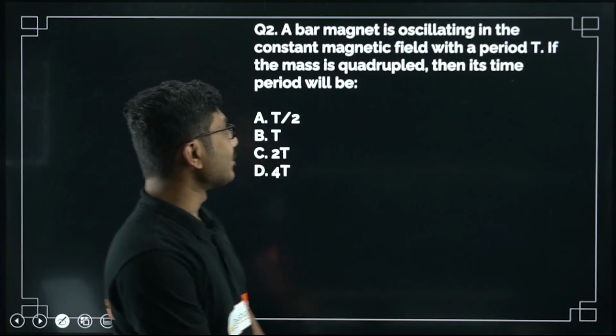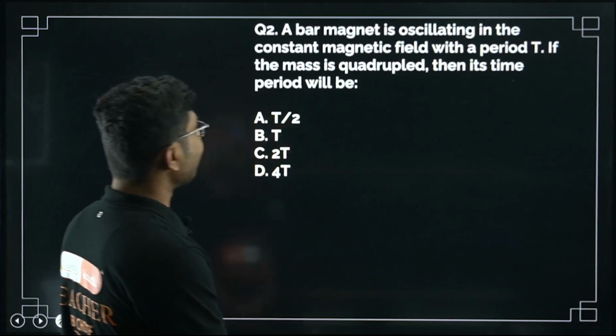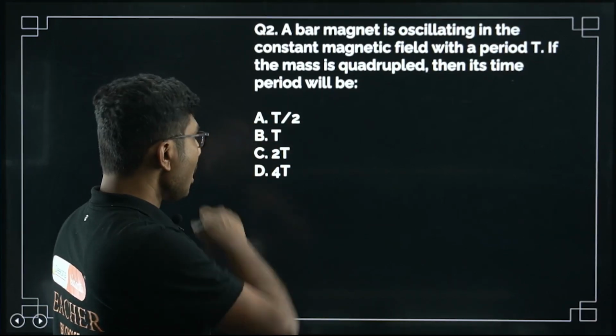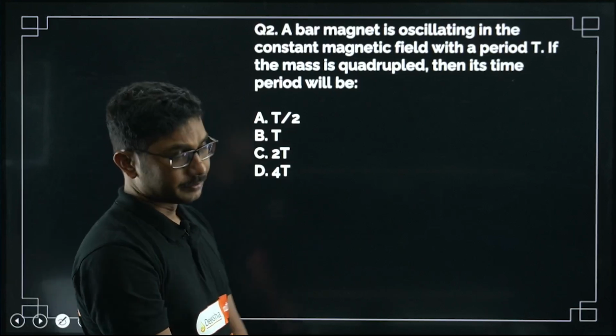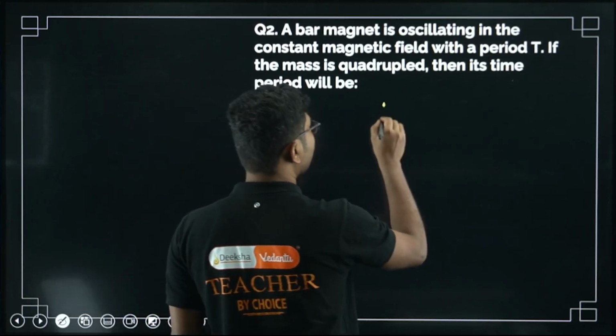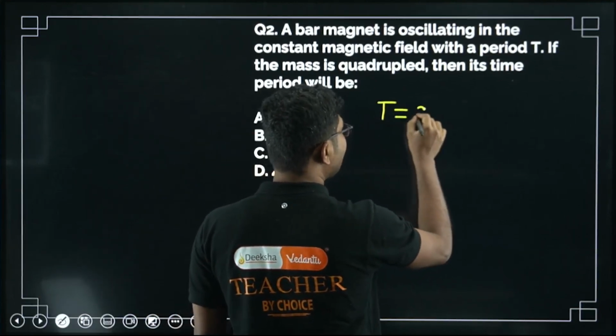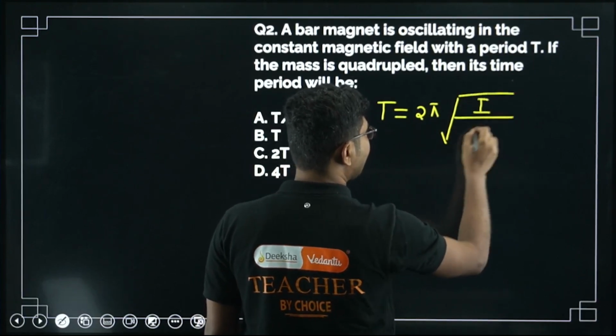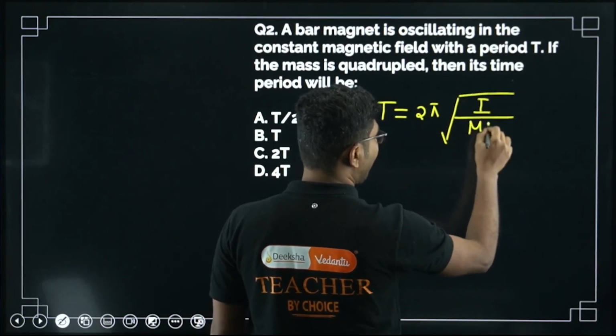Now the next question. A bar magnet is oscillating in a constant magnetic field with the period T. If the mass is quadrupled, then what will its time period be? The time period of an oscillating magnet, as we have discussed, is given by 2 pi root over I by mB.